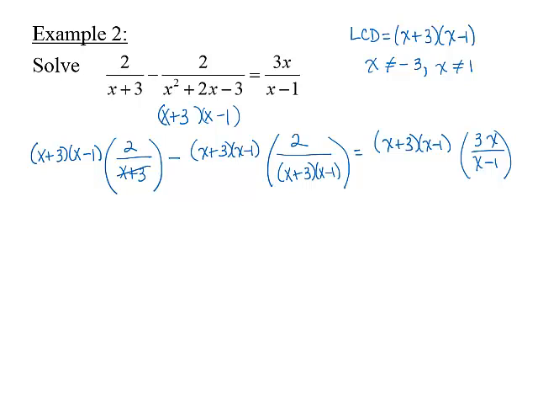Multiplying, we get 2 times x minus 1 minus 2 equals 3x times x plus 3.